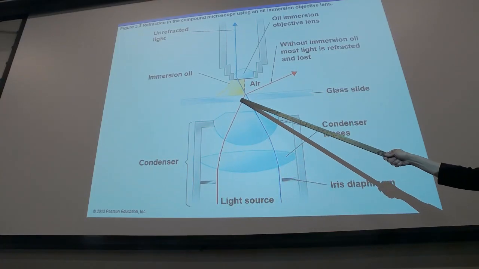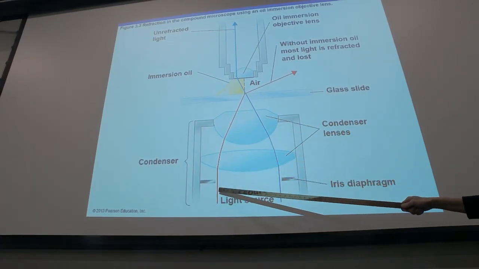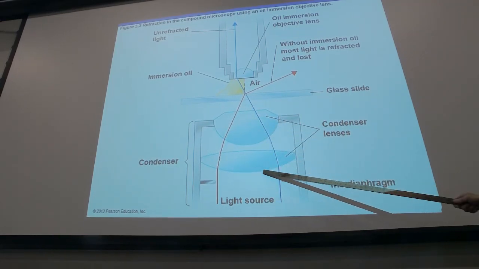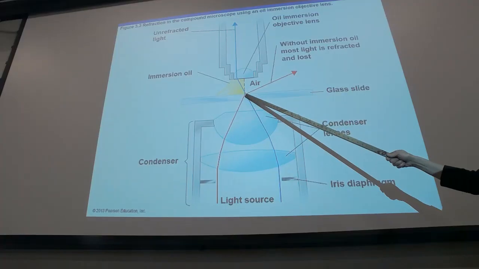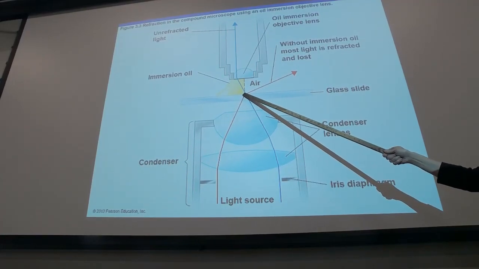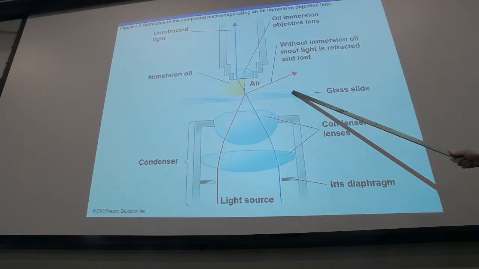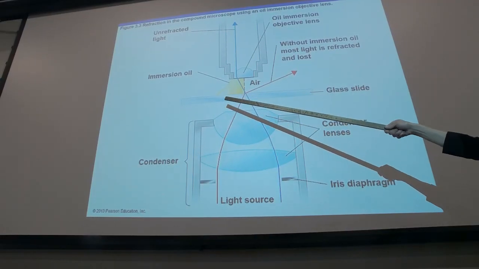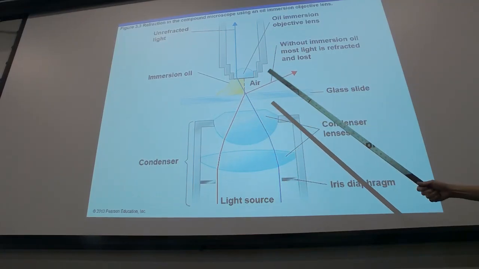So here we have this red line that represents a type of ray of light that hits the condenser lenses that typically focus it here, or condense the rays of light into here. This is the glass slide on top of this stage. So the stage is here.